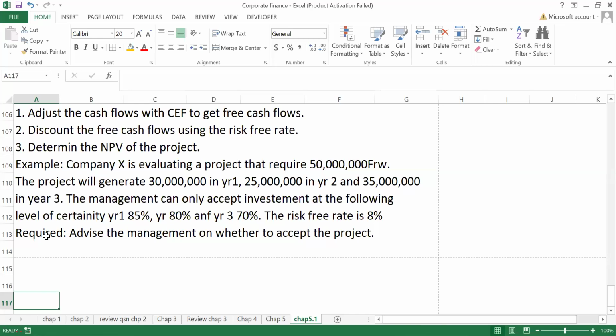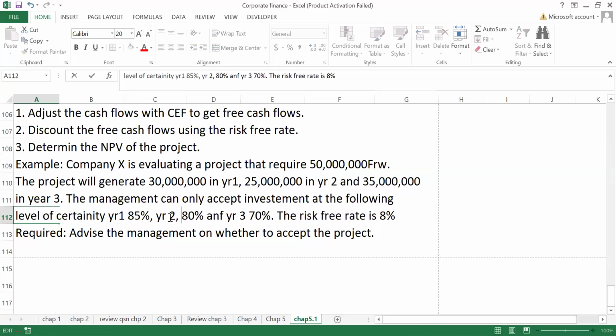Year 1, the cash flow should be at 85%, year 2 at 80%, and year 3 at 70%. The risk-free rate is 8%. Required: advise the management on whether to accept the project.